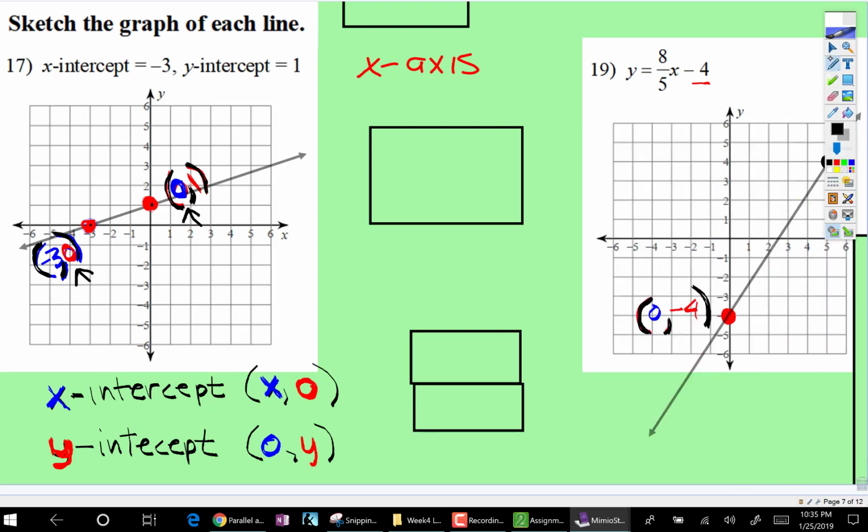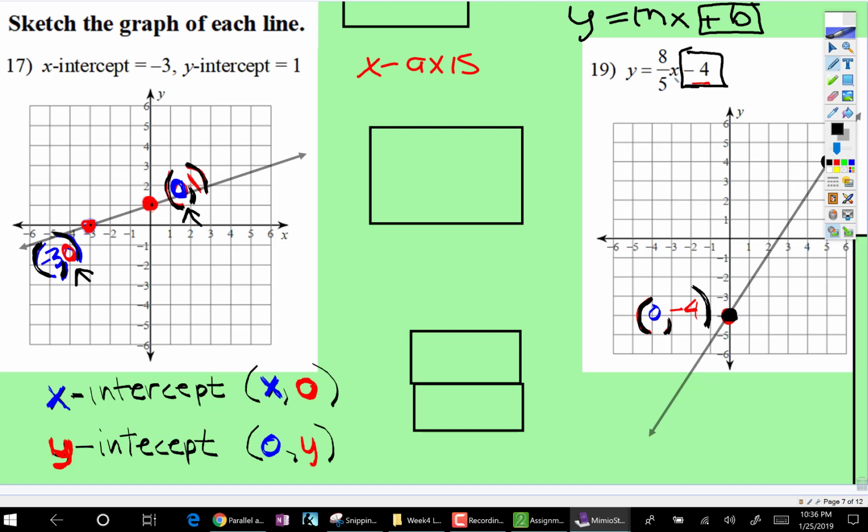And right here, when we have to sketch the graph of each line, remember what we said earlier? y equals mx plus b. That b is what touches the y-axis. So right here, -4 is where it touches the y-axis.